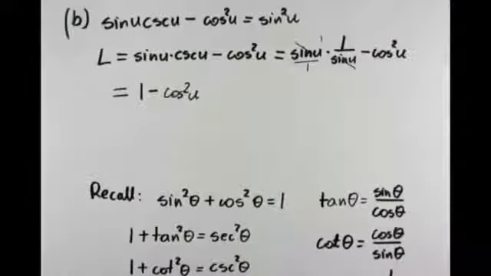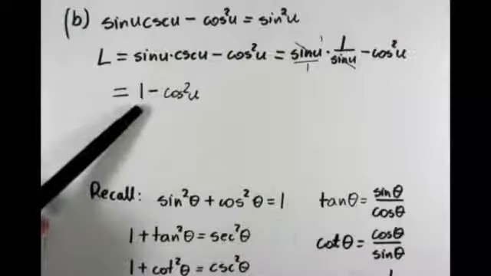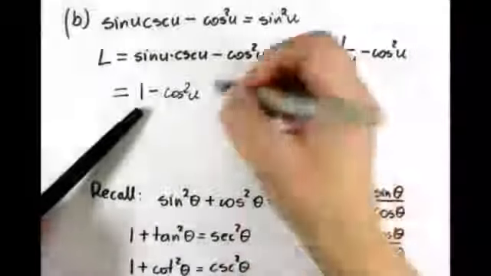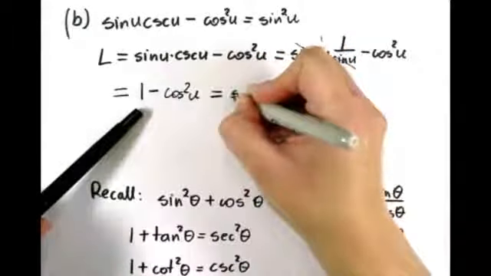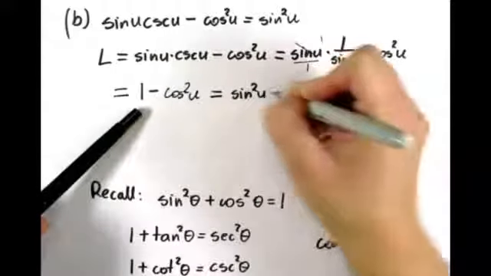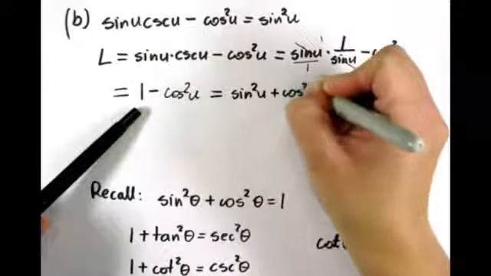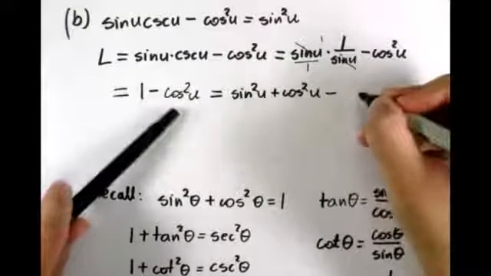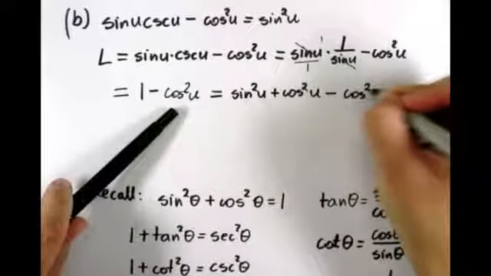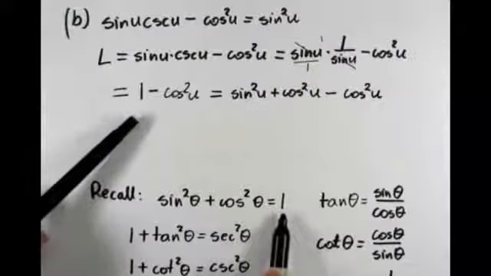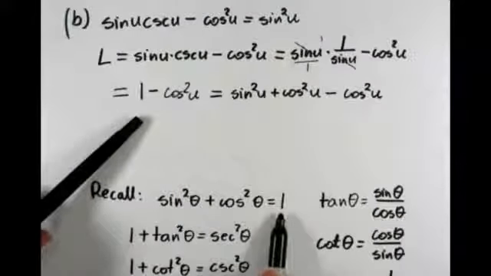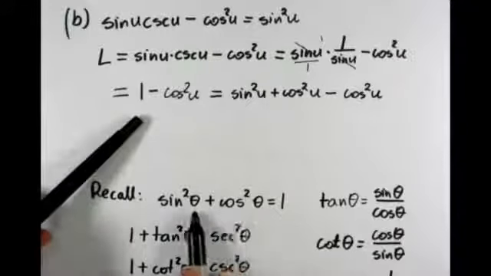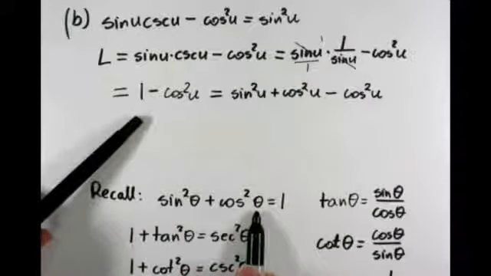So instead of that 1, I'm gonna substitute sine squared u plus cos squared u, and now I have minus cos squared u. I use the trigonometric one, sine squared plus cos squared, for the same angle, any angle.